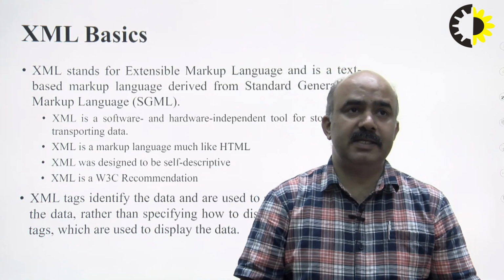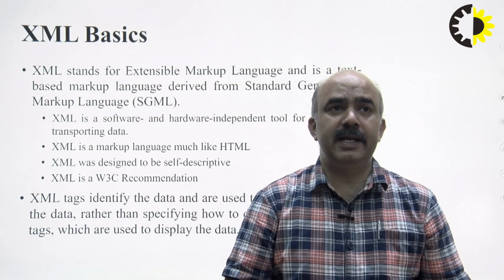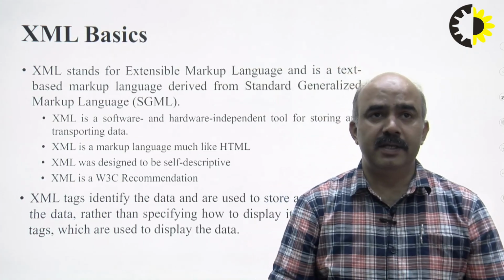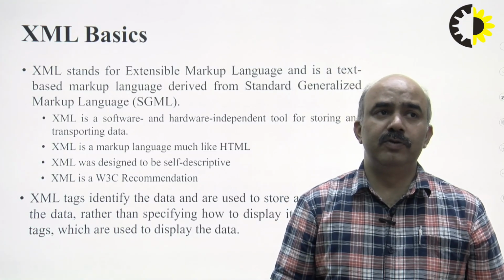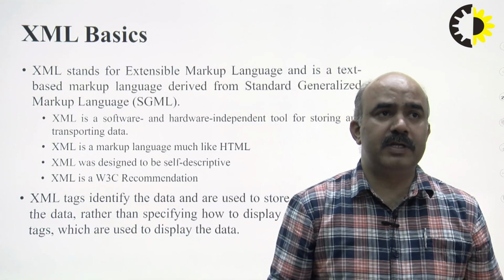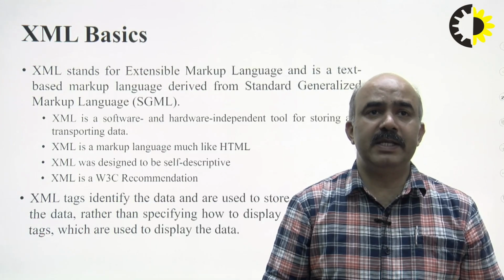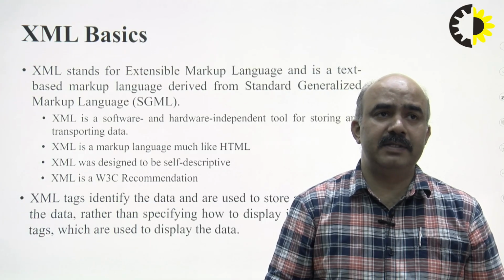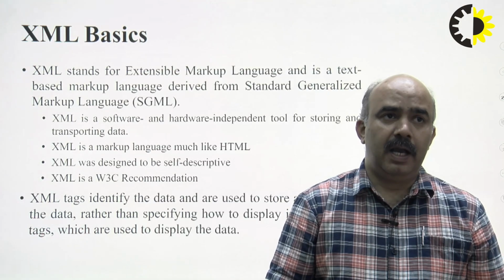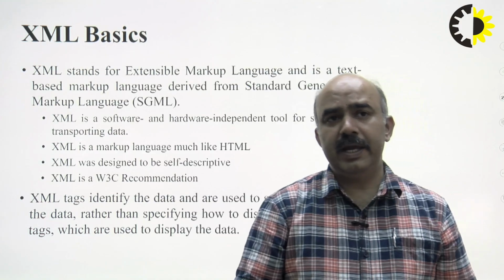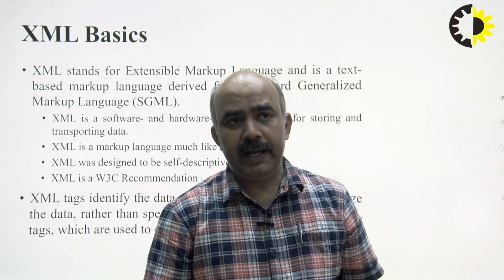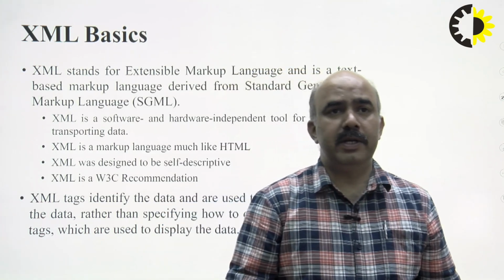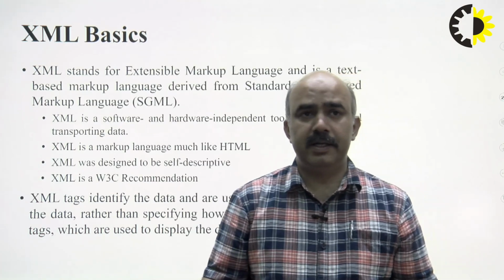As the name suggests, XML is basically extensible markup language, and it is based on the markup language derived from the Standard Generalized Markup Language, that is SGML. XML is basically used for storing and transporting the data over the network from source to destination.